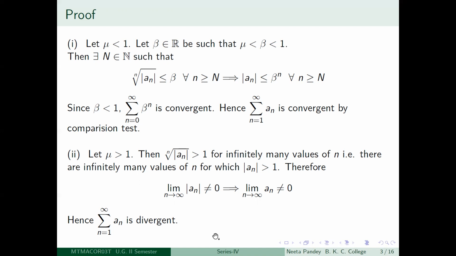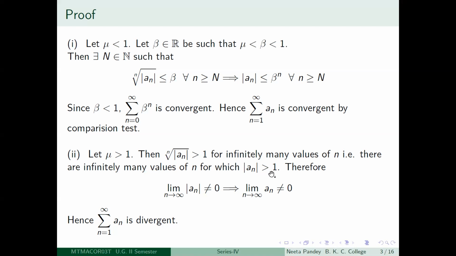So even if you don't want to talk about the sequence an straight away, if you look at the sequence mod an, then infinitely many values of n are such that mod an is greater than 1, which implies that either the sequence mod an is going to be divergent, or even if it is convergent, then its limit will be greater than or equal to 1, right?